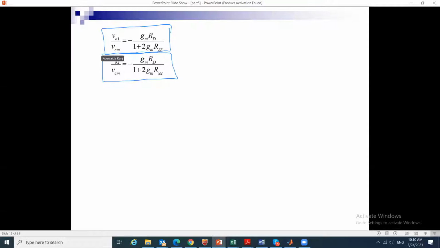Okay, great. So now I can derive the gain. I need to derive the common mode. VO1 and VO2 both have the same formula and it is the same circuit, where we replaced RS by 2 RSS. So I need to find the common mode gain. For the single-ended output, VO1 over VICM and VO2 over VICM, this is the equation.